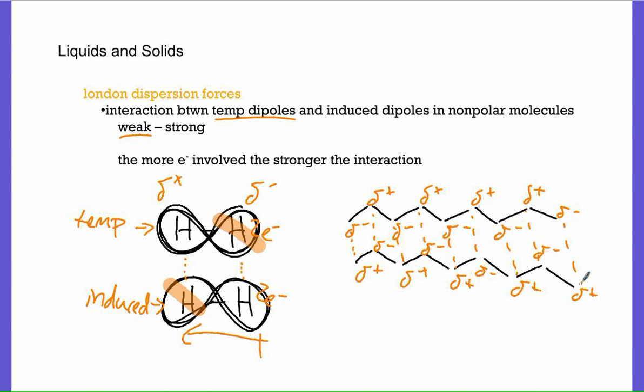I have 1, 2, 3, 4, 5, 6, 7, 8, 9 attractions there. I only had 2 attractions between the hydrogens. So the attraction between the hydrogens was weak because there's only 2 of them. But once you get 9 of those attractions, it can end up being pretty strong. Right? That's the idea. So they're additive. The more you have, the stronger that attraction can be.